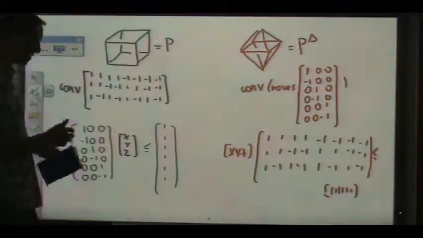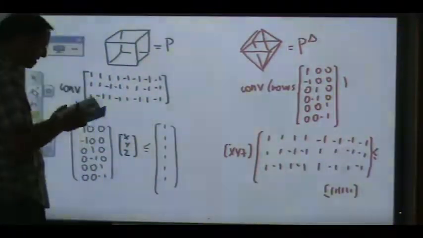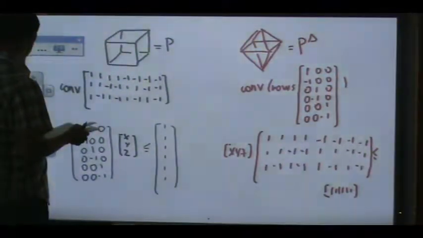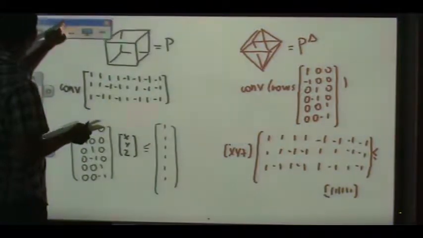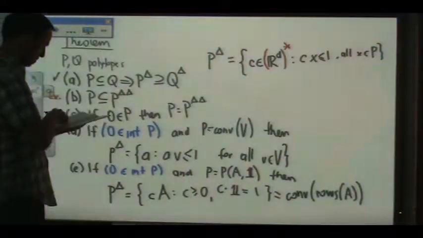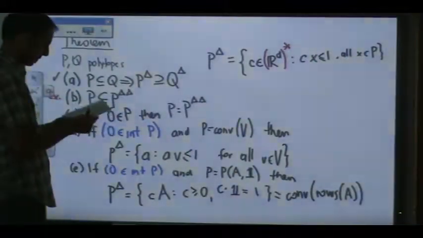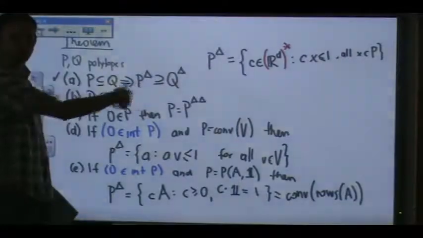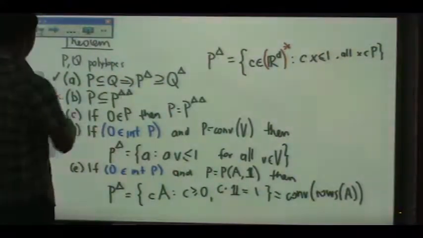That's the point that I wanted to make. Taking a little while, but okay. So let's prove this one. If 0, 0 is in the polytope, then P is its own double dual.